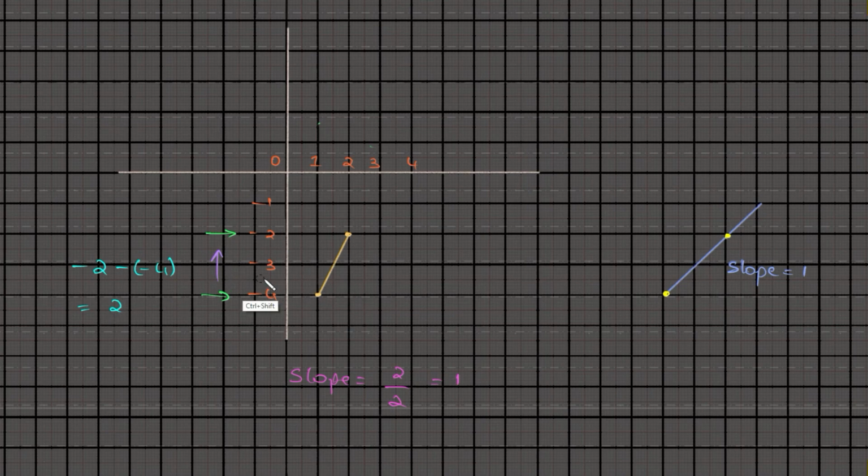The rise is 2. The run is from 1 to 2, so run is 2 minus 1, that is 1. And so the slope will be 2 by 1, that is 2. Right? So let me make it a bit bigger.